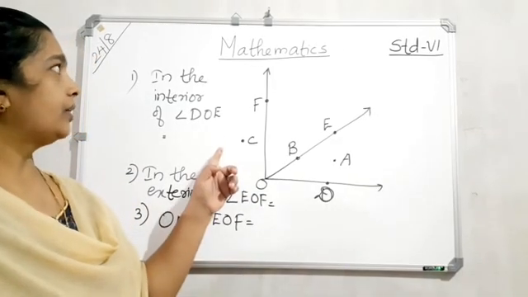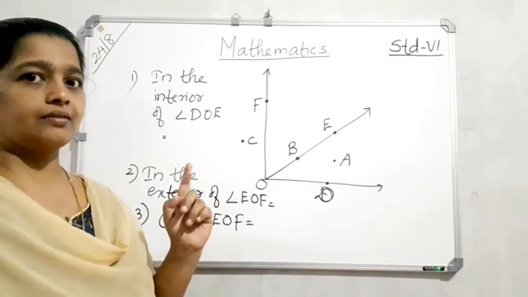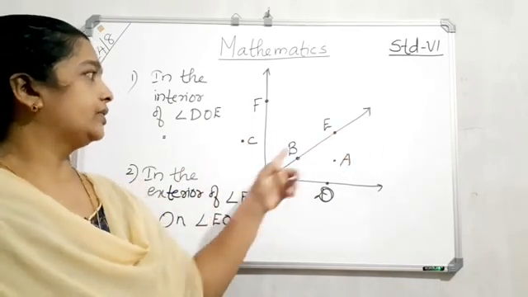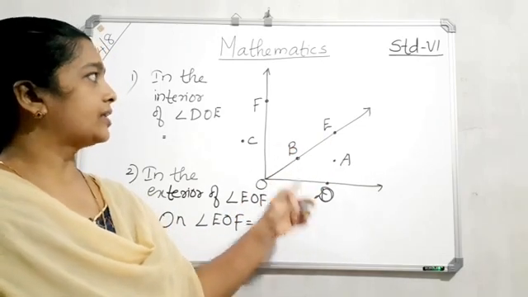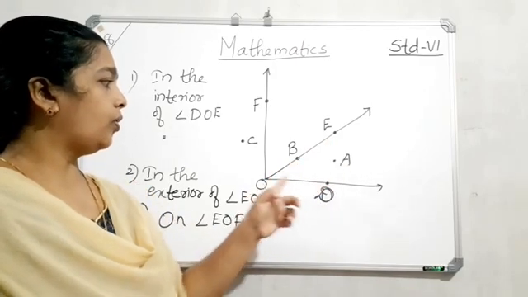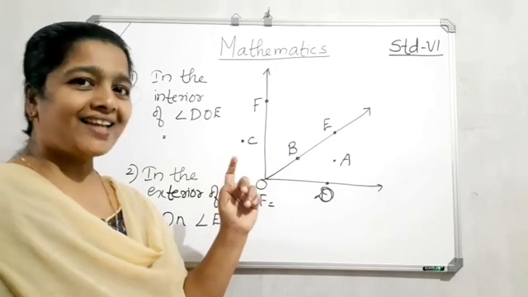Question. From the figure, we want to find the points. So here, angle EOF, then angle EOD. Two angles are there. Again, here are point E, point B, point O, point D, point A, point C. Understand? Yes.